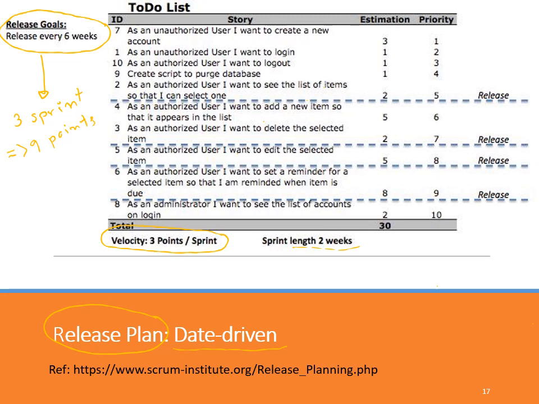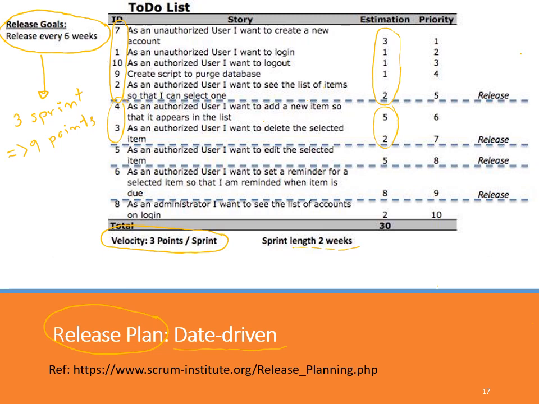Okay. So we can make a release plan based on this date-driven approach. You can see that based on these 9 points that we can do, we can finish up to this. For the story 7, 1, 10, 9, and 2, these require altogether 8 points. And that means we can release in release number 1. After that, we can make another release when we complete another additional 2 user stories, and so on.